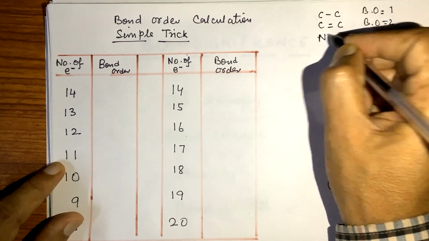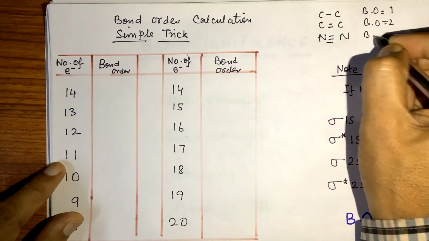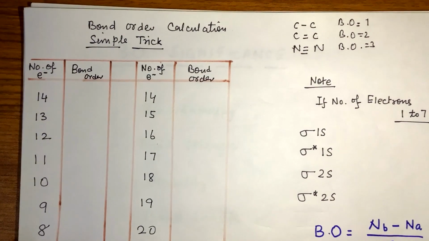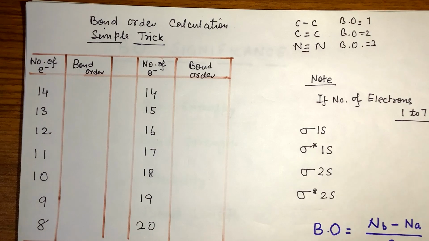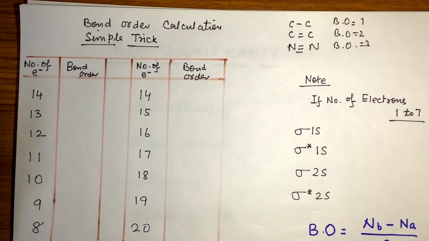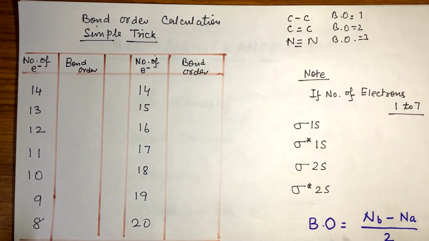If the number of bonds is 3, then bond order is equal to 3. But in more complicated molecules, the calculation of bond order is not so easy. So we have a simple trick to calculate the bond order of a molecule.